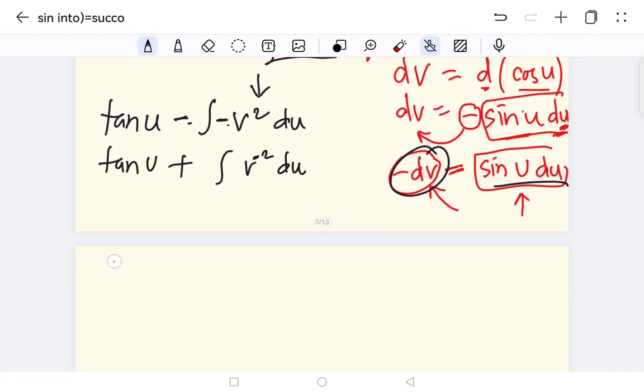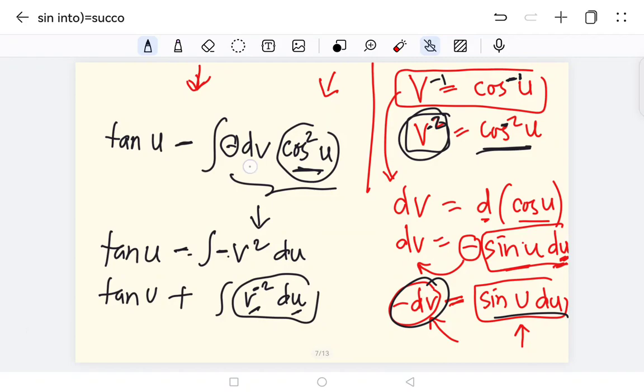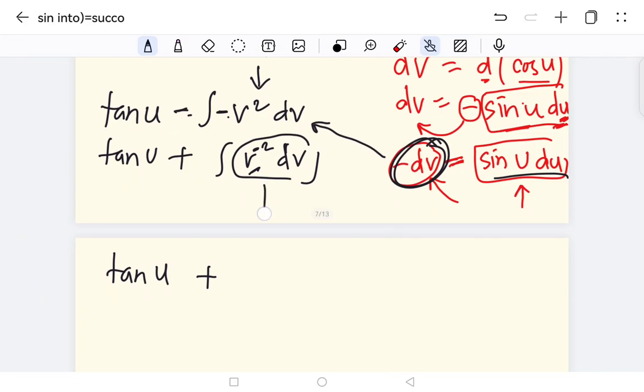Now I still have tangent of u and plus the integral of this, because this is v, this is already dv. Yeah, I've changed it already to dv. Now the integral of this is 1 over negative 2 plus 1, v to the power negative 2 plus 1.